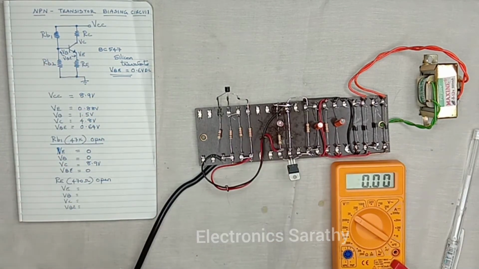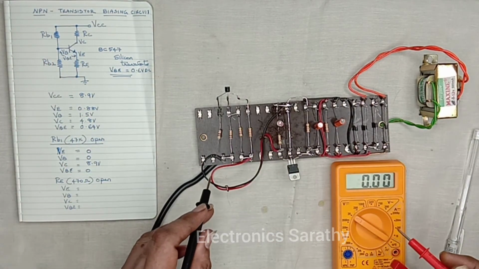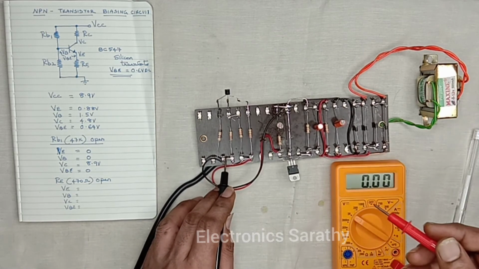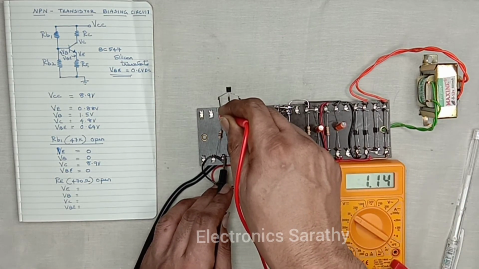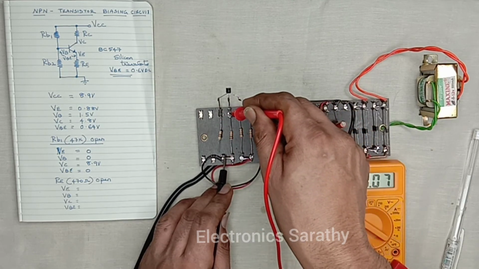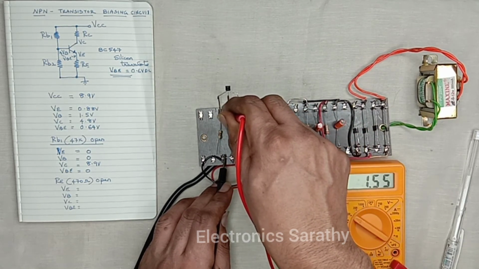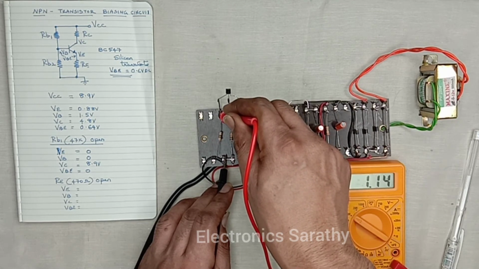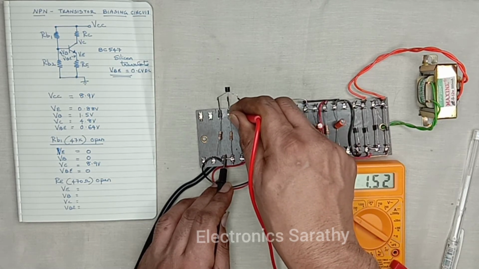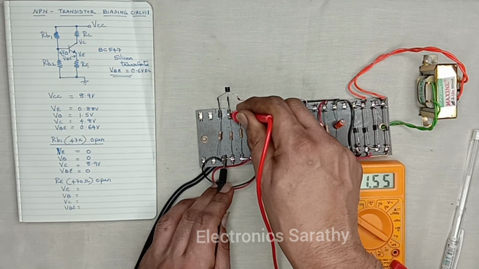Okay, let us see practically. With respect to ground, the emitter voltage is 1.14 and base is 1.55.